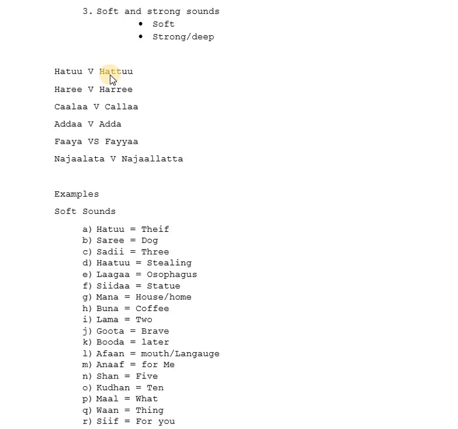There's no other alternative to write Oromo, even to read or even to say. If I have to say hattu, I have to write it hattu. If I have to say hare, I have to write it like this, and I have to say it hare. I can't say it otherwise because that is another meaning, and I have to write that way.